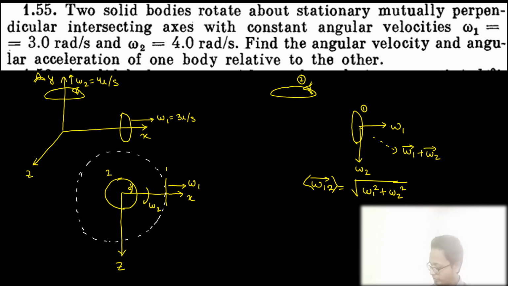So how do I write omega 1 2, or relative velocity of 1 with respect to 2, in terms of vector quantity? In terms of vector quantity, this vector would keep on changing its direction. This vector would rotate in this circular orbit.